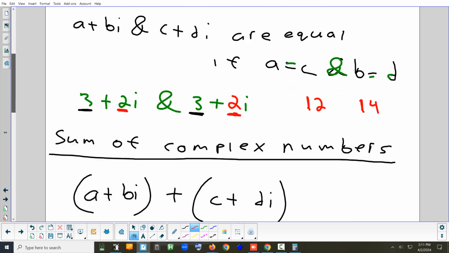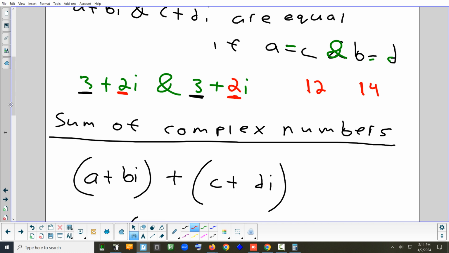Okay, so how do we add two complex numbers together? Well, you kind of think of it as combining like terms. Real parts can only be combined with real parts, and imaginary with imaginary. You can't combine a real with an imaginary. That's why when I write 3 plus 2i, 3 is real, 2i is imaginary, there's no simplifying that. It's not like you can put it together and say 5i.